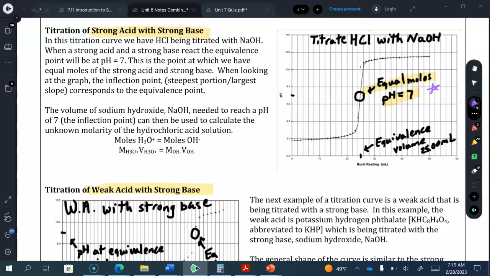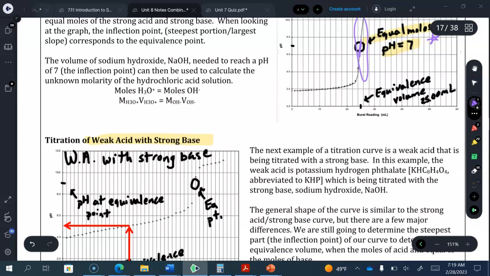When looking at the graph, the inflection point, or the steepest point, corresponds to the equivalence point, right at this spot. The volume of NaOH needed to reach the pH of 7 can then be used to calculate the unknown molarity of the hydrochloric acid solution using the equation here.